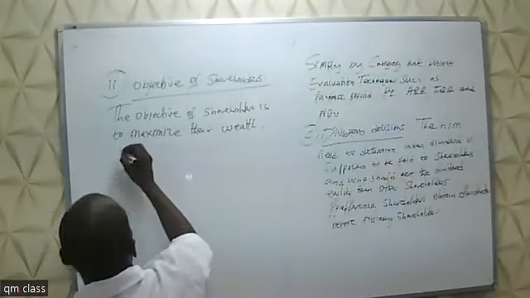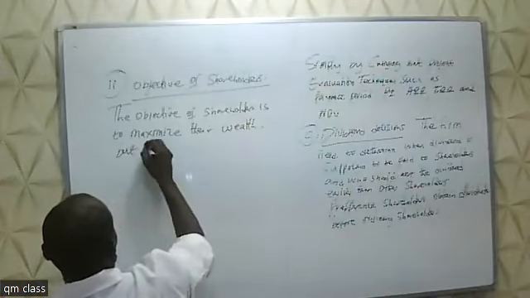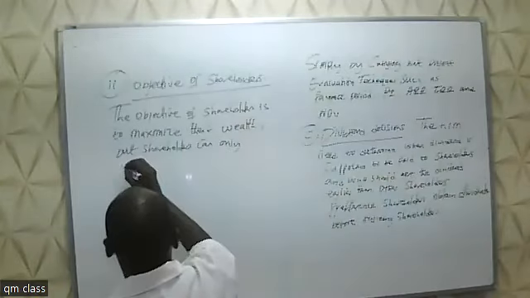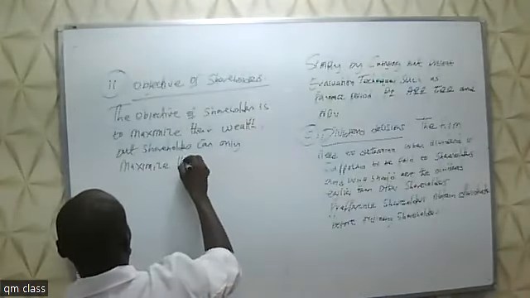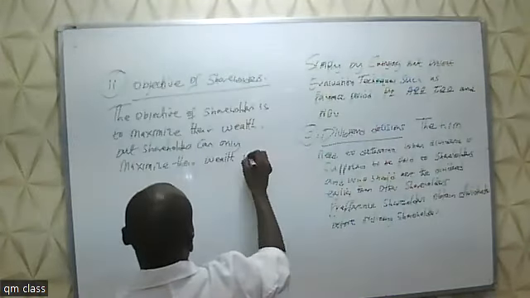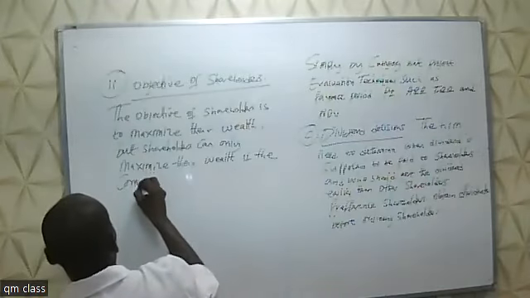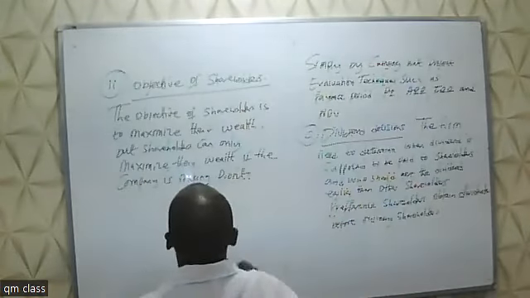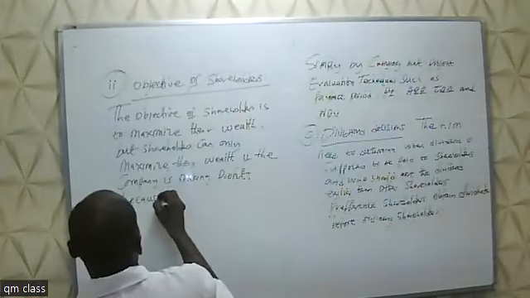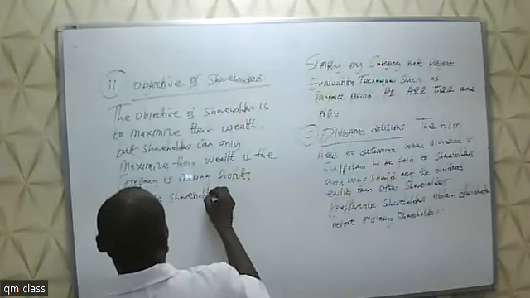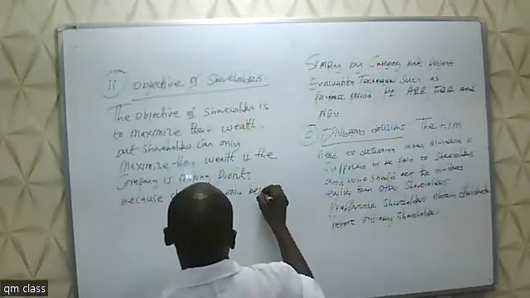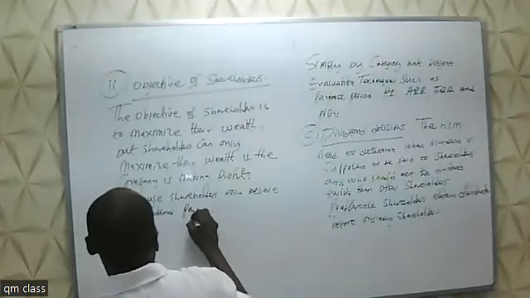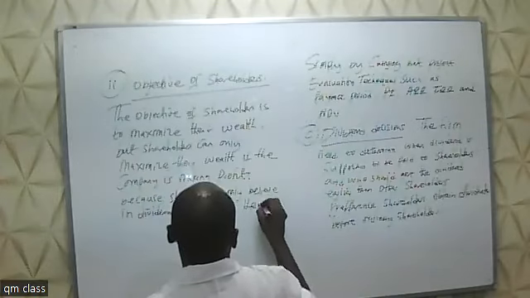Okay, so on this one, we simply say that shareholders can only maximize their wealth if the company is making profits, because shareholders only believe in dividend payout to them for wealth maximization.